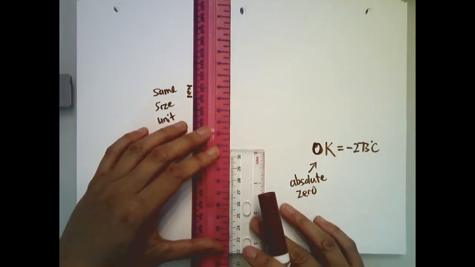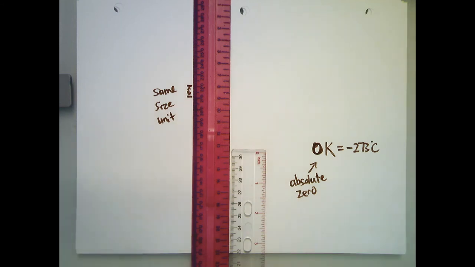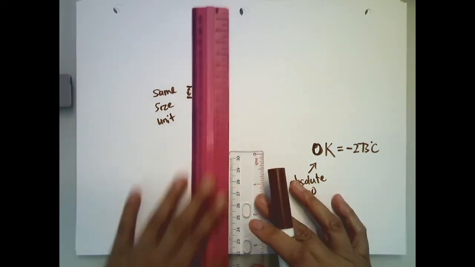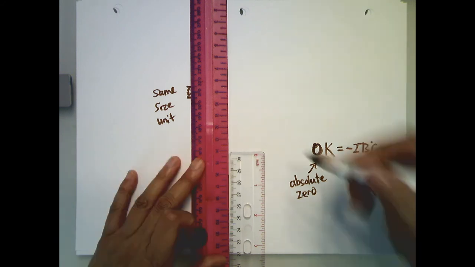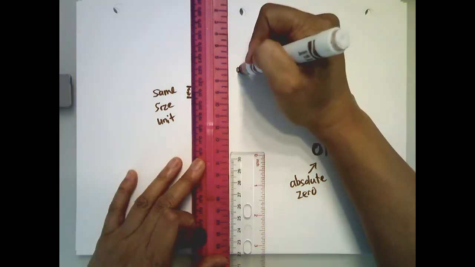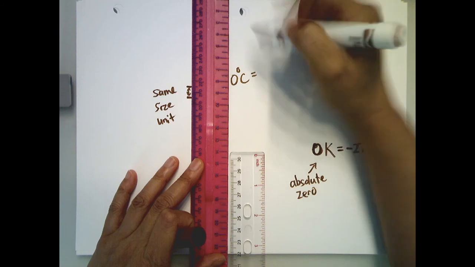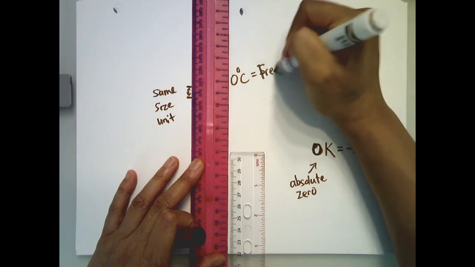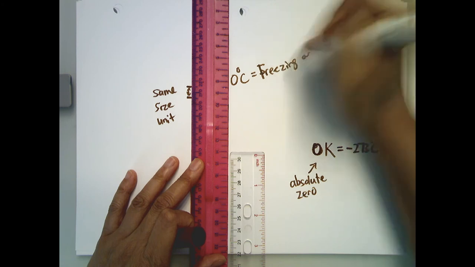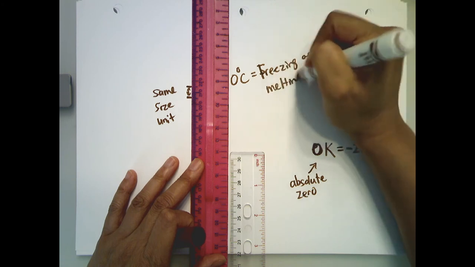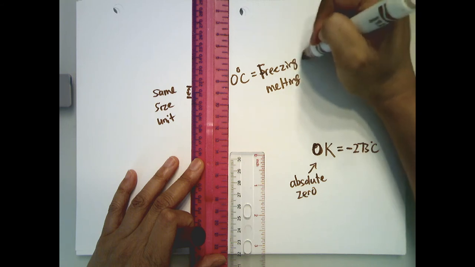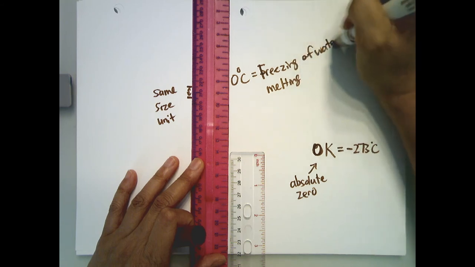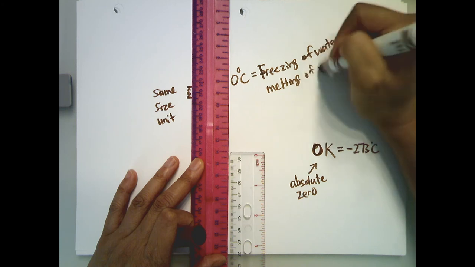Whereas for Celsius, where is 0? Well, we all know that 0 starts at freezing or melting of water. And so it's shifted higher up in a sense. So 0 degrees Celsius is equivalent to freezing of water or melting of ice.